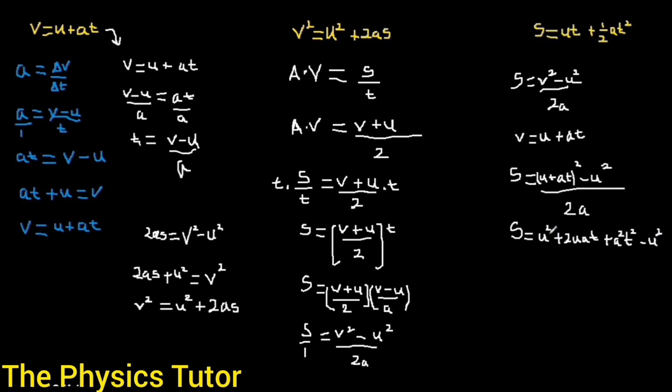Now what is u square minus u square? All over 2a. These two are like terms. U square minus u square is 0. Let me cancel those.